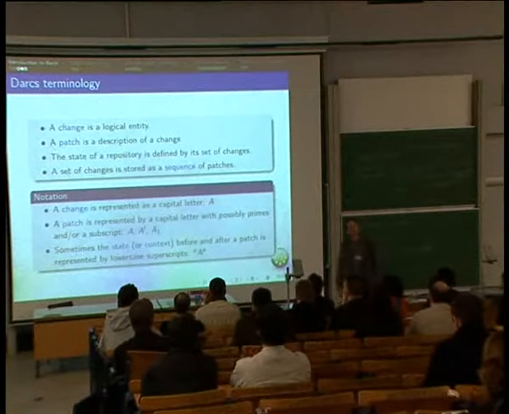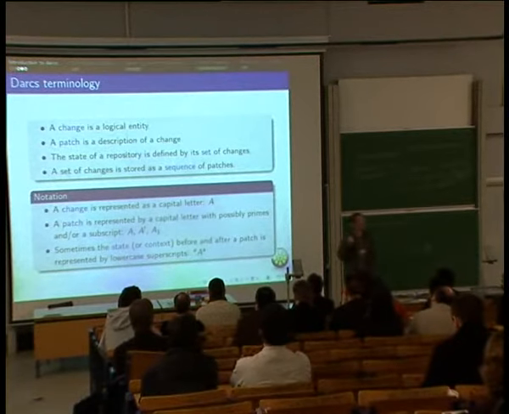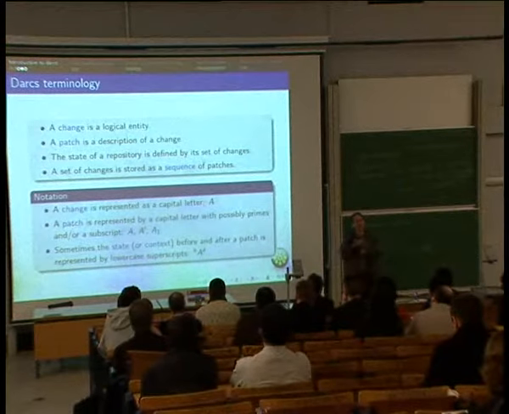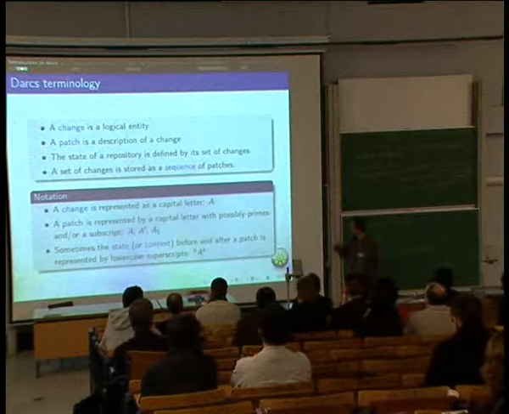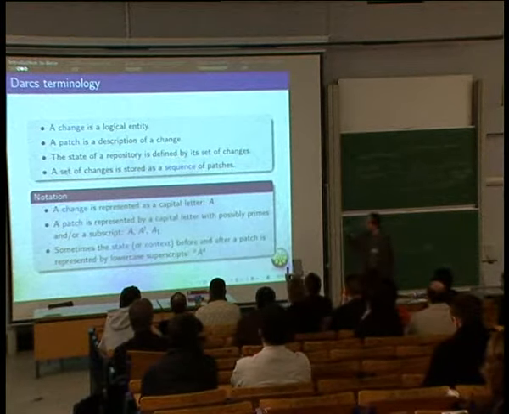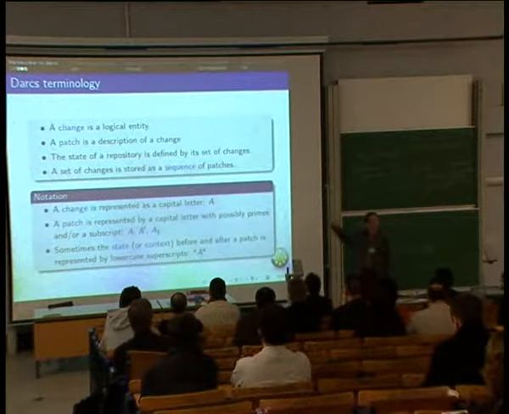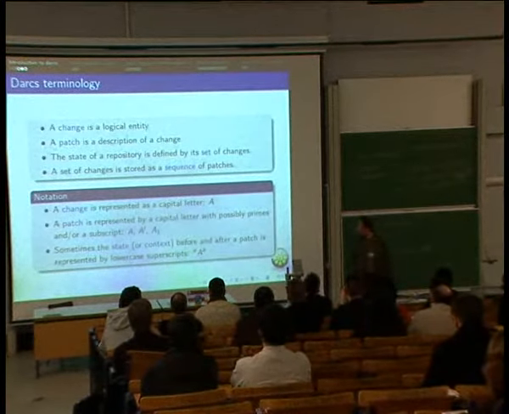The state of a repository in Darcs is described by the set of changes in that repository. And this is a set rather than a sequence. The order doesn't matter. You'll get the same result regardless of order. The set of changes which is in a repository is actually stored as a sequence of patches, because each patch needs to have a context, and so they need to have an order.